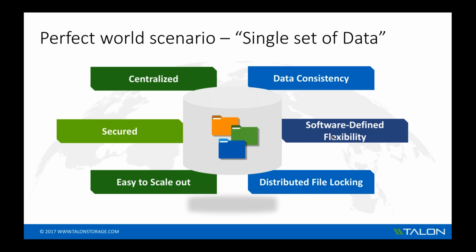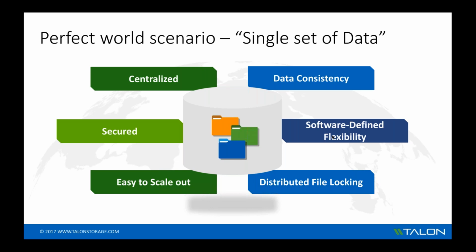Subsequently, what we're seeing, not only at the data center but also at the branch offices, is the desire for the benefit of software-defined flexibility, leveraging commodity hardware and your existing virtualization strategy to create a more intelligent approach to presenting storage to your end users in those distributed locations.